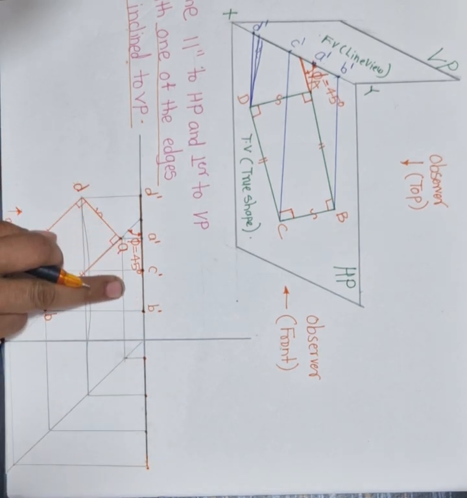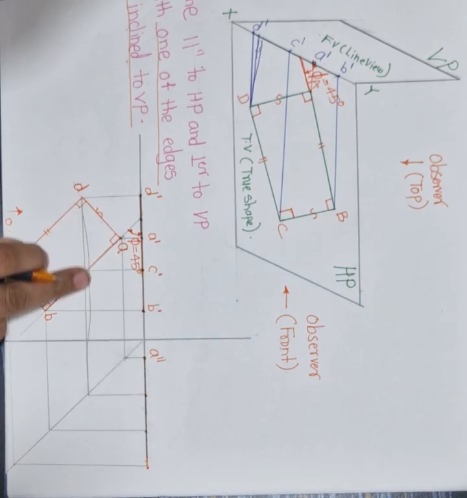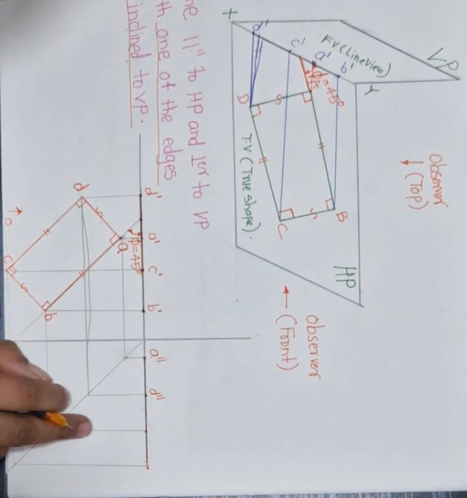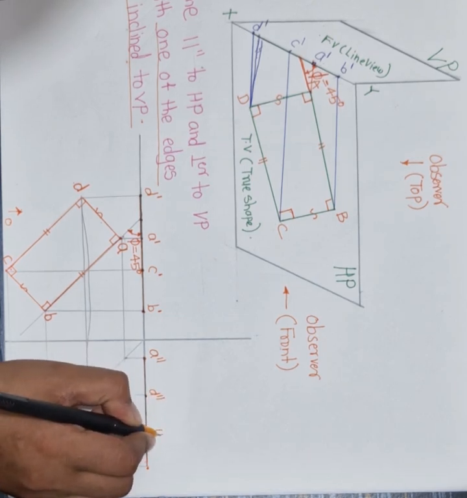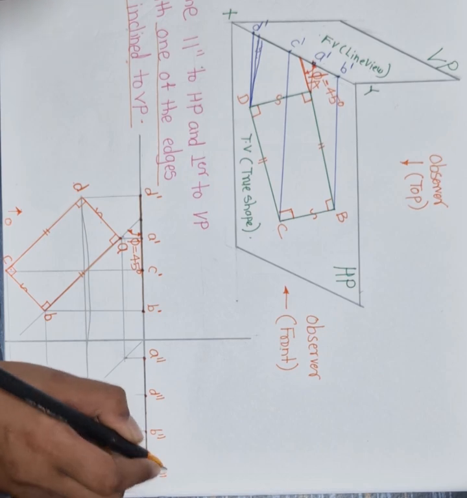Now projection of A, A double dash, D, D double dash, B, B double dash, C, C double dash.